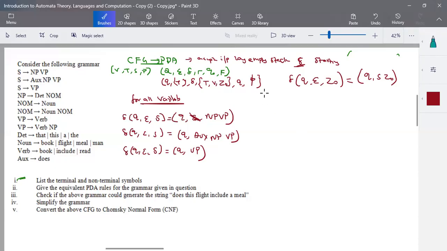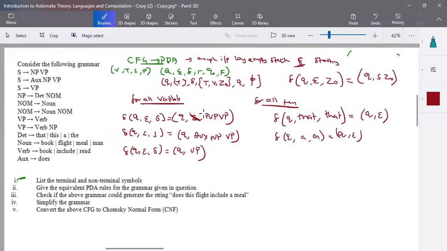The next thing is for all terminal symbols. What terminal symbols do we have? That, this, does, the, book, flight, and so on. When the topmost element of the stack and the input match, we are going to pop both of them out. The transition of Q comma A pops both out.